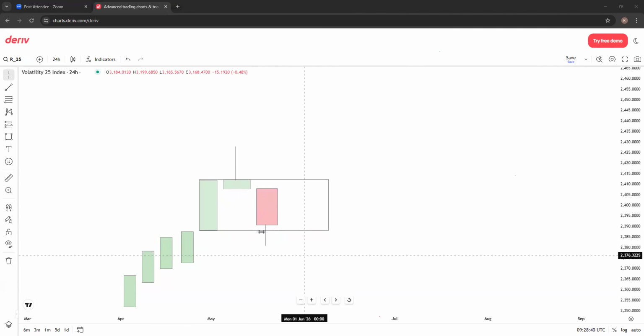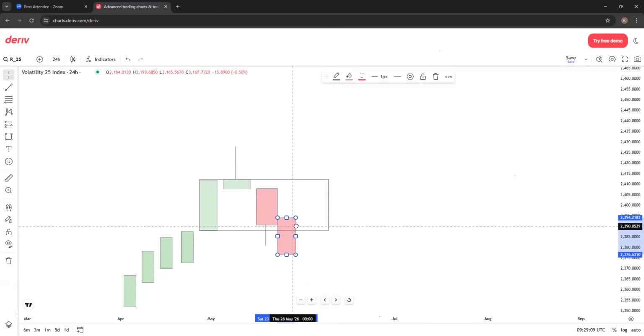So now what we need is a full body break. And once we get a full body break, we now know that we have switched from an uptrend, we are now selling. Right. But we only need that full body break in an event that looks like this.